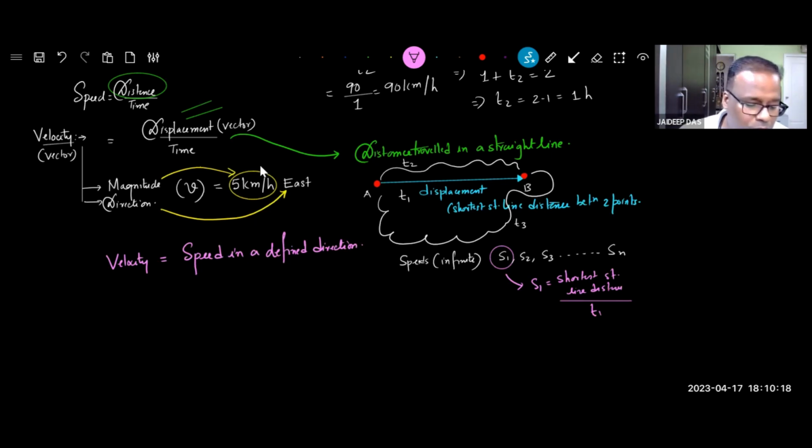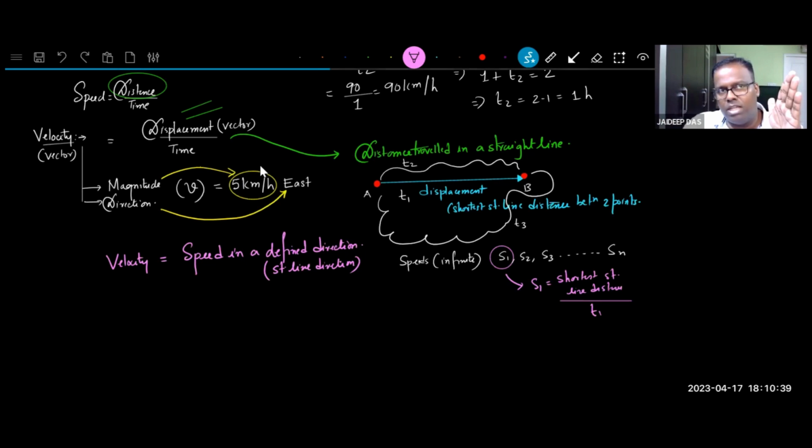Or to be more particular, that defined direction is a straight line direction. Isn't it? Let's think. How many of you are able to understand this? What is velocity? Velocity is displacement over time. What is displacement? Shortest straight line distance.